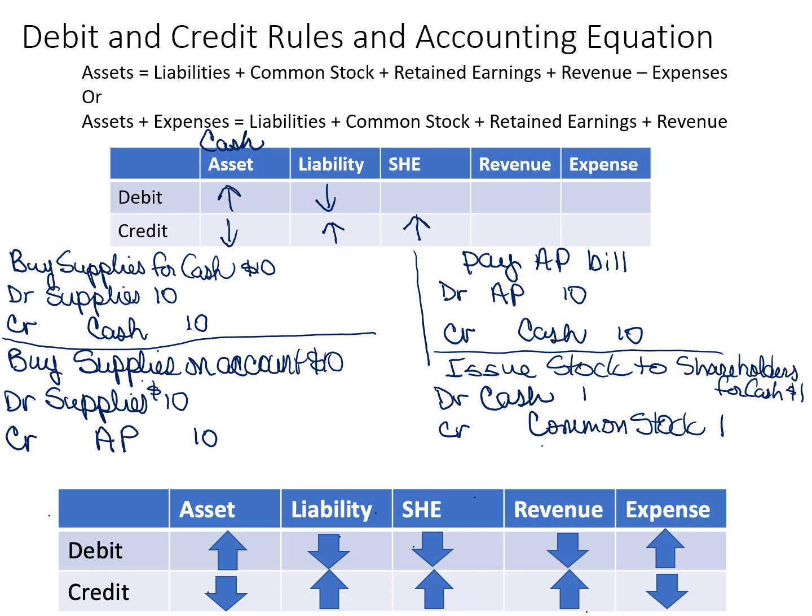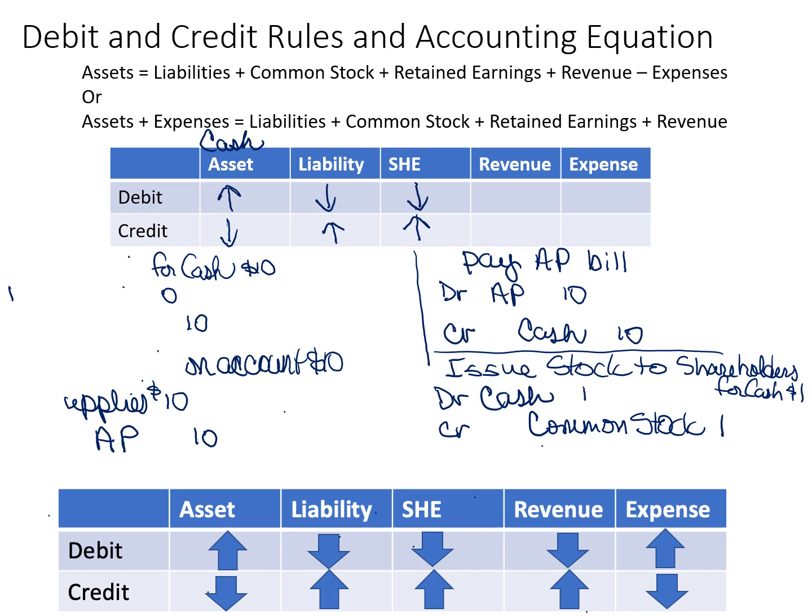So here I have a debit that increases an asset and a credit that increases shareholders' equity. What decreases shareholders' equity is a debit. All right, so far so good? All right, I'm going to have to erase here for a second so that I have a little bit more room, and we'll do a couple more.